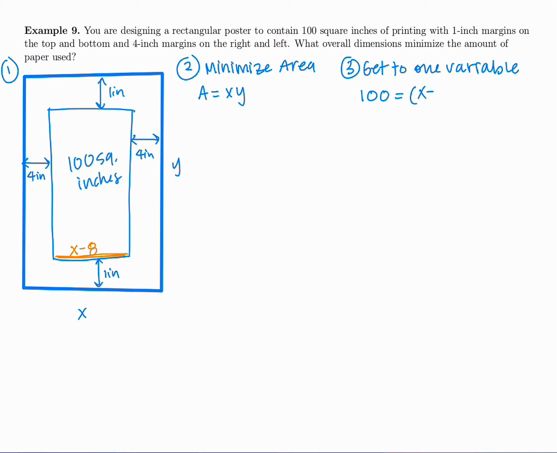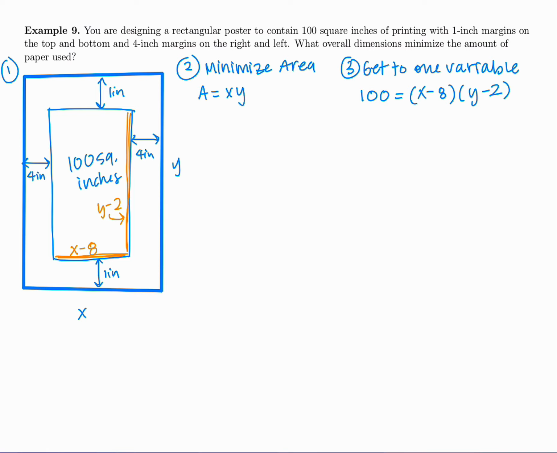And then times the other side, Y. It's not all of Y, it's Y minus this inch and minus that inch. So we get that this distance is Y minus 2. Okay. So that inside printed area is X minus 8 times Y minus 2.